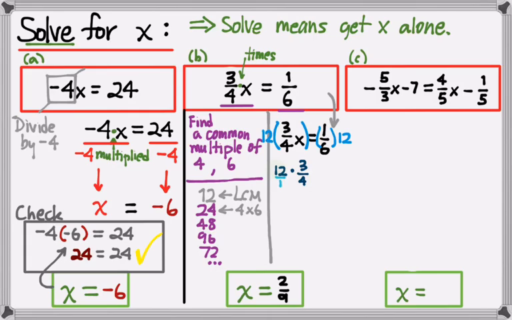How do you multiply fractions? Straight across. So 12 times 3. 1 times 4. What's 36 over 4? Yeah, it's just a division problem. 36 divided by 4 gives me 9. So the left-hand side of my equation, when this whole process is done, 12 times 3/4 x is really 9x.